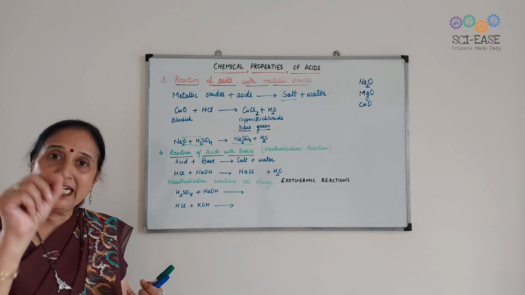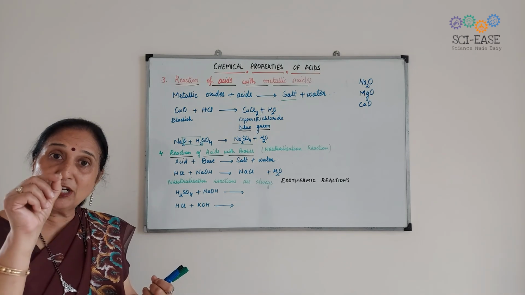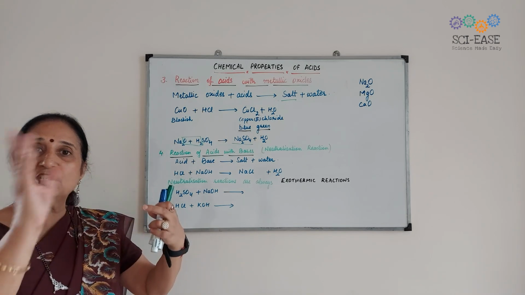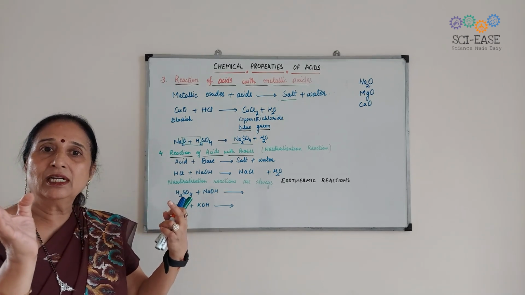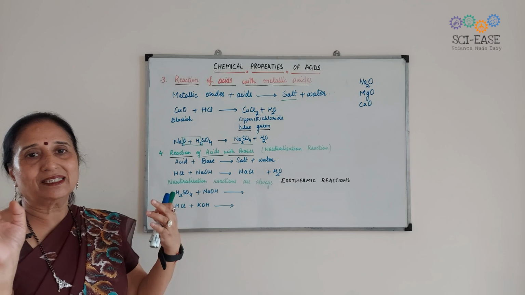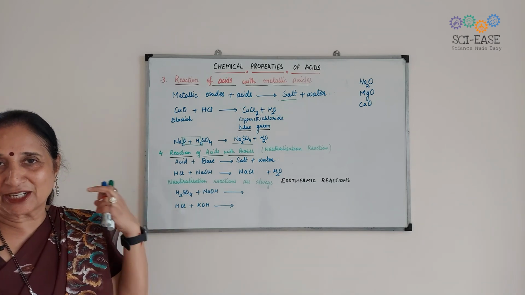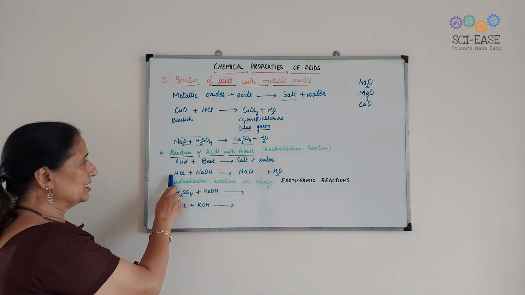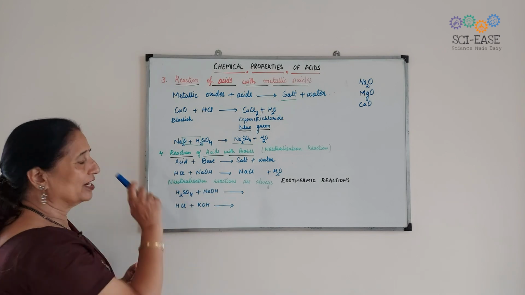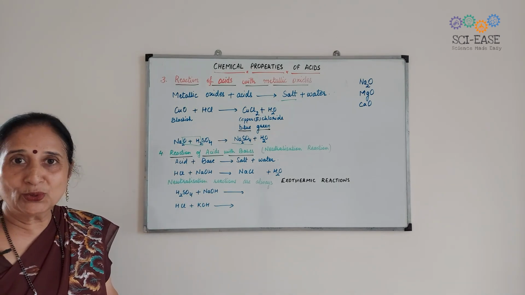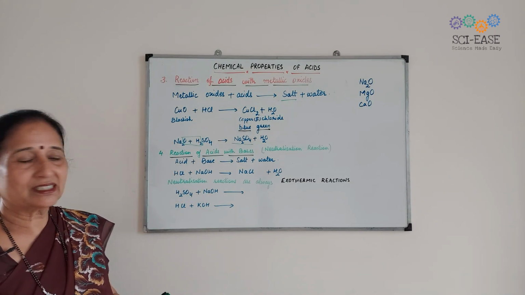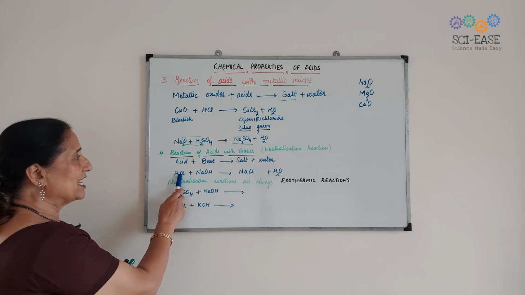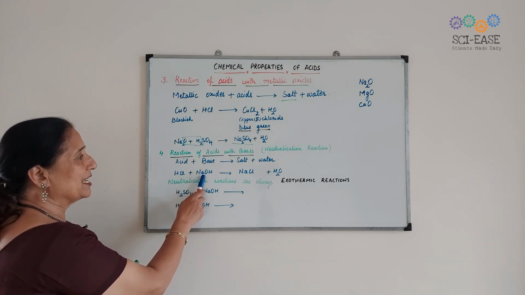There we use an indicator, phenolphthalein, and the change in the color will show that neutralization has taken place. So the same neutralization reaction we do in the 11th class. HCl we have taken, plus NaOH.